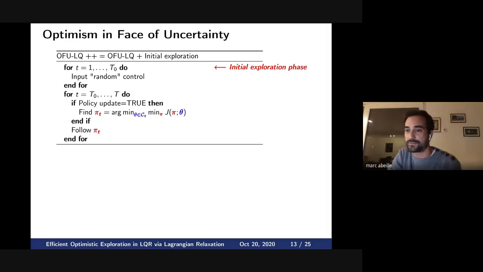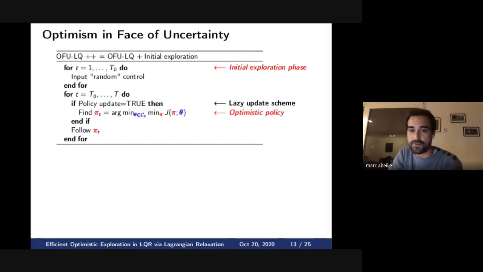Once this initialization phase is over, the algorithm operates through episodes, following the adaptive scheme of the original OFU-LQ algorithm, and at each policy update, an optimistic policy is computed and followed for the rest of the episode. In the paper, and I think it may kind of answer the previous question, we first provided some refined guarantees for this algorithm.